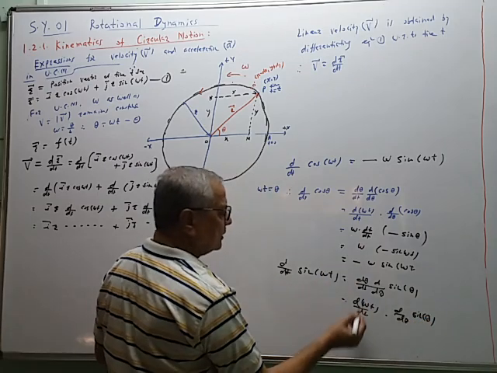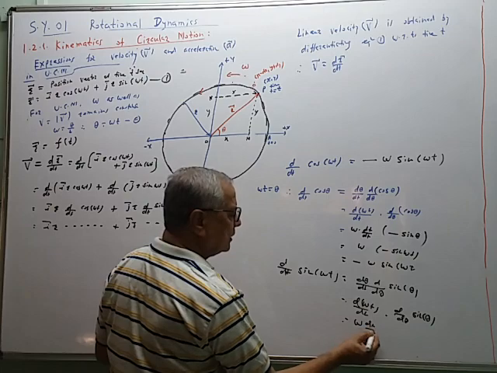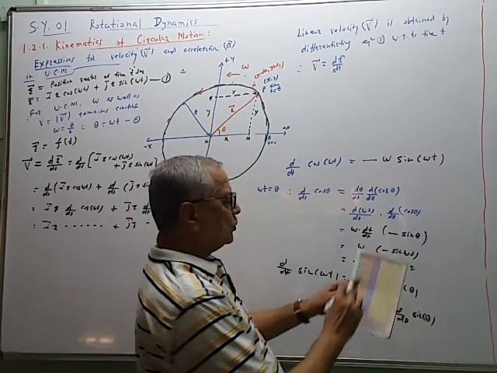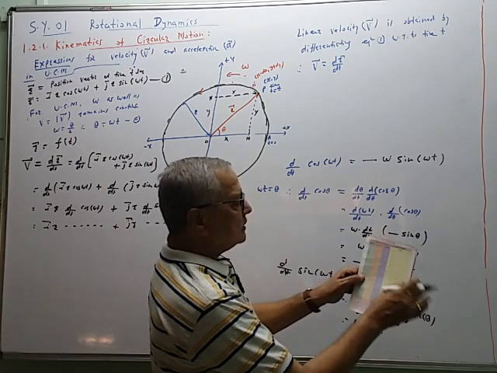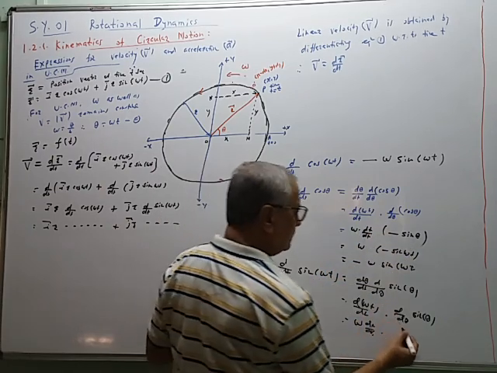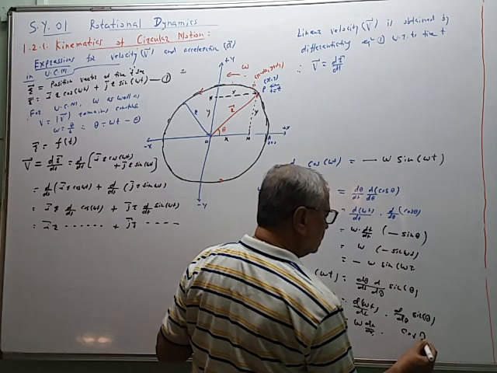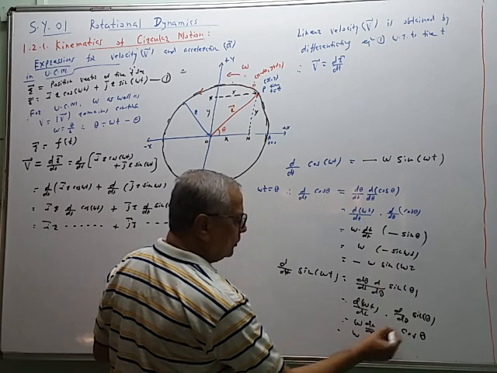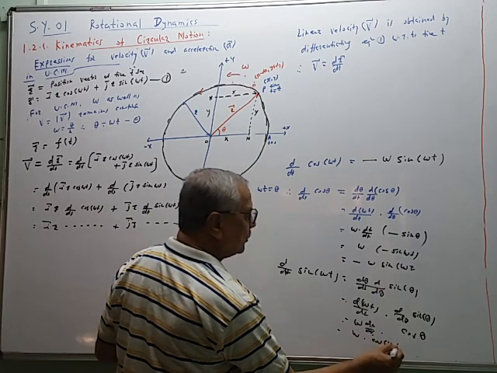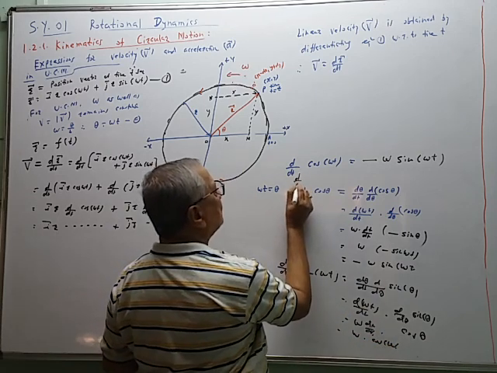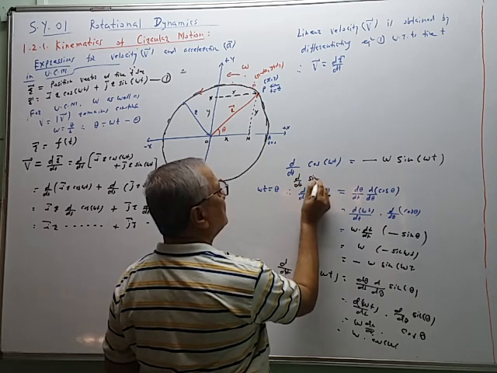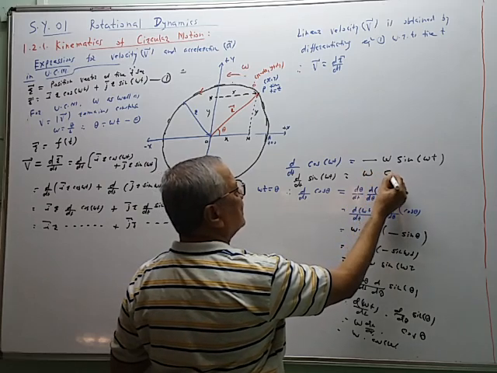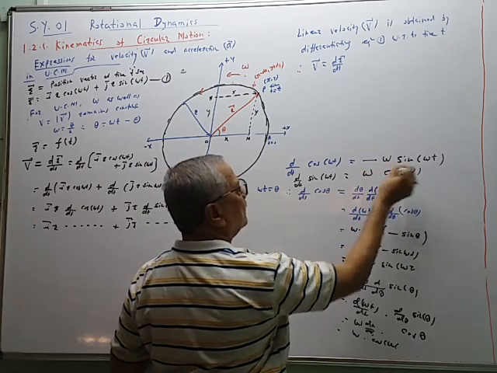We just found a derivative like this. Omega is constant into dt by dt is equal to 1, and again sin theta has a standard derivative. Sin theta has derivative plus cos theta, no minus sign. So omega into cos of theta, and theta is replaced by omega t. In the same way, d dt of sin of omega t is equal to omega cos of omega t.